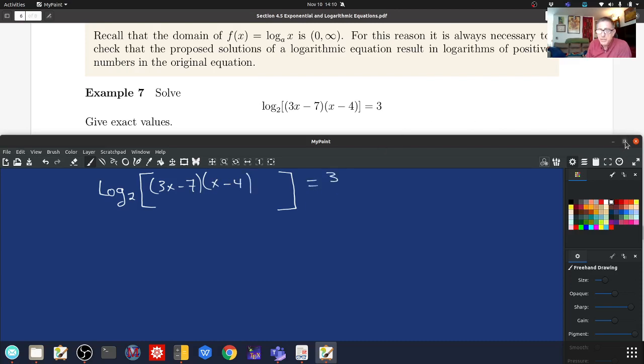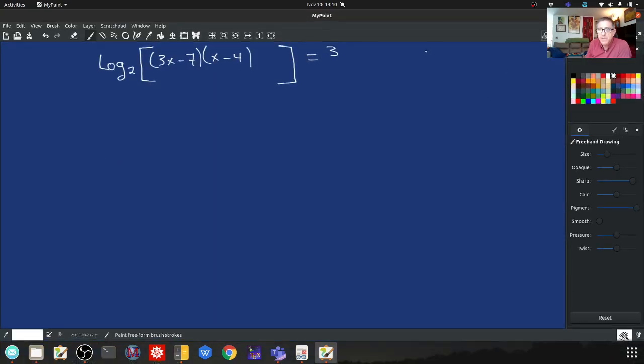So the first thing we have to do is find values of x that must be excluded from any solution set. Before, the only thing we had to worry about was dividing by 0.